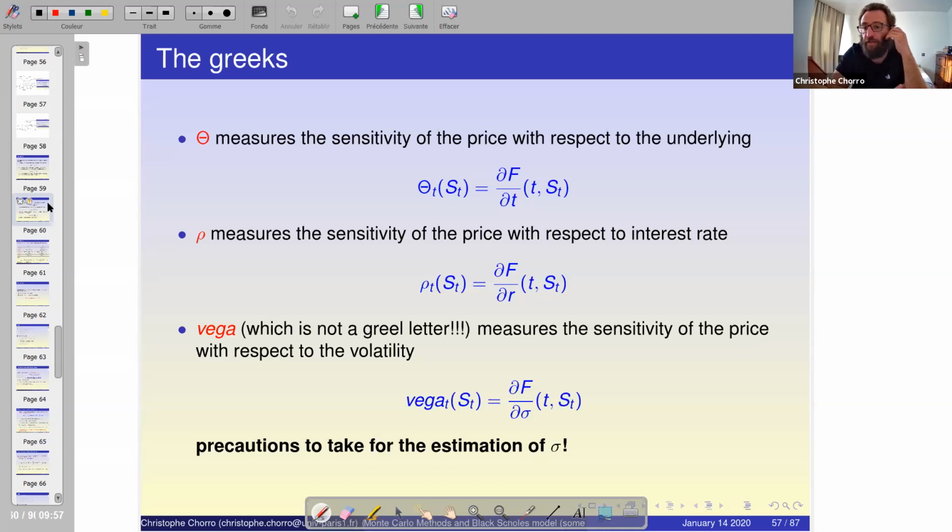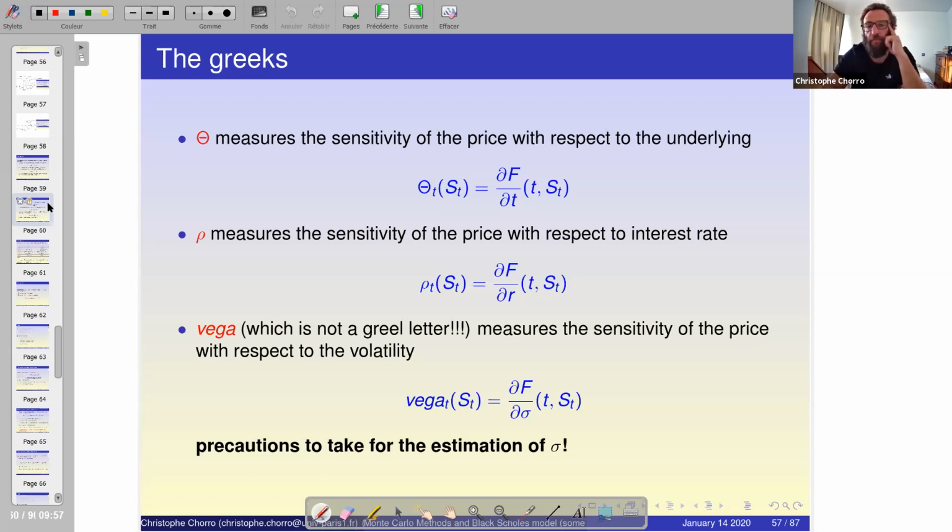But if I have a big vega in absolute value, be careful, because small changes in the volatility may lead to big changes in the price function. So it's also a very important quantity when we handle financial portfolios in order to price and to hedge in practice.